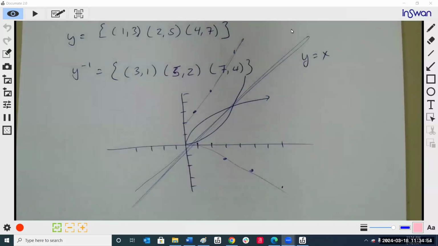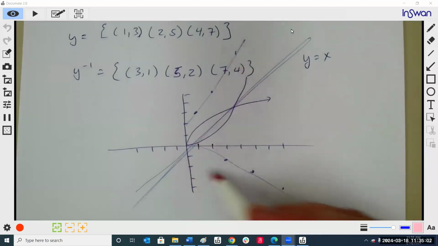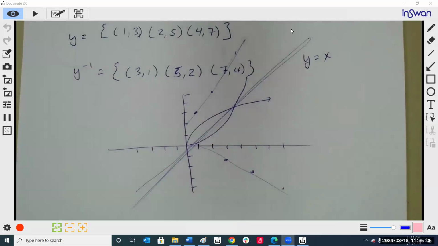So it flips across the y equals x axis, the diagonal. And that's really what's supposed to be happening with these guys. But my graph is horrible. Which is why we flip x and y. It's a diagonal line that's symmetric about.